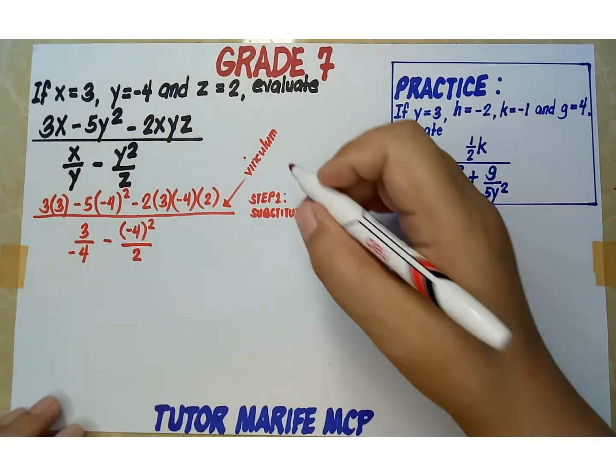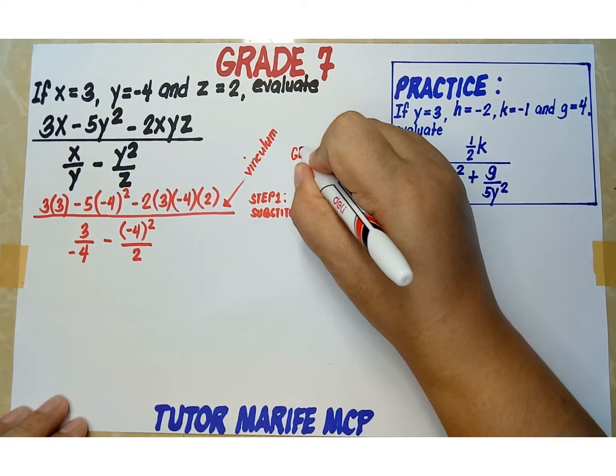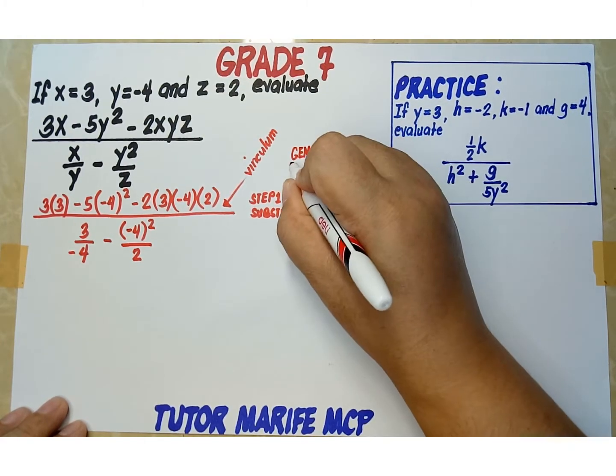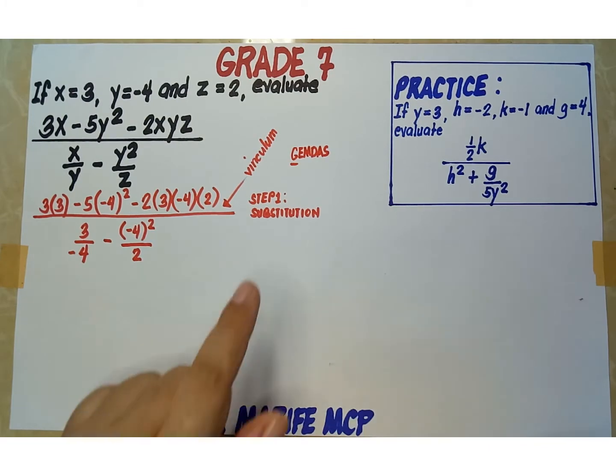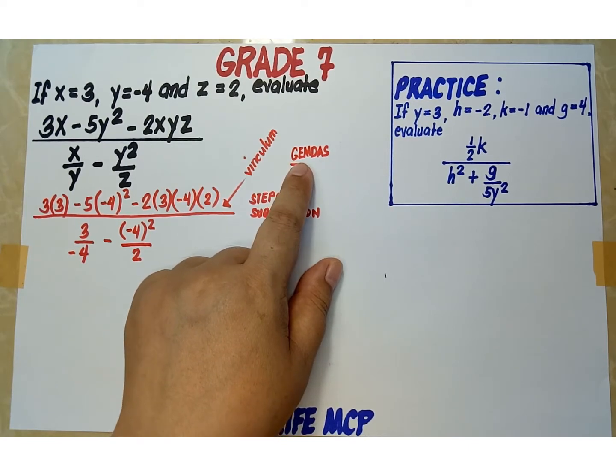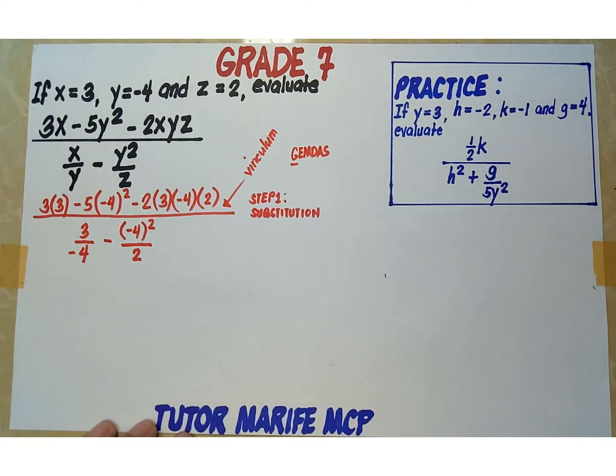So, ano ba ang GEMDAS rule? Ang GEMDAS rule is to perform operations within grouping symbols first, before exponentiation, multiplication, division, addition, subtraction.